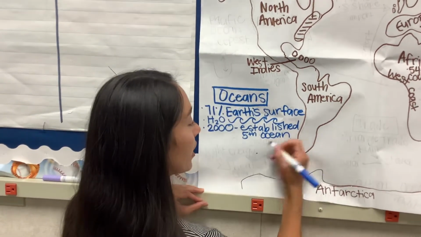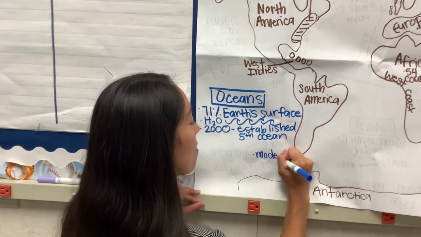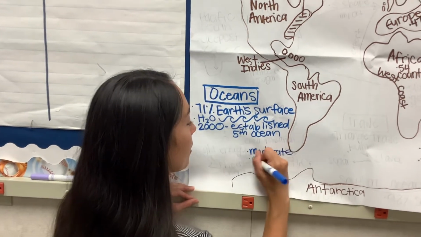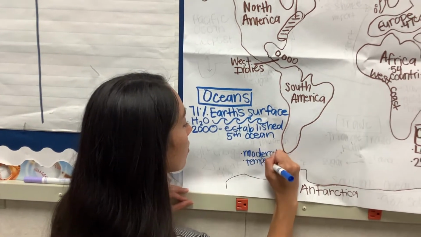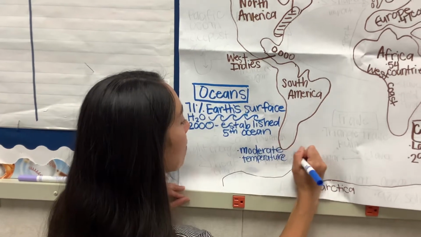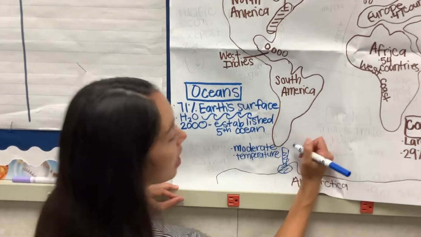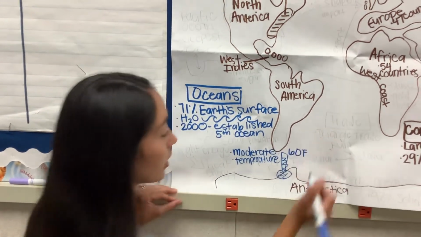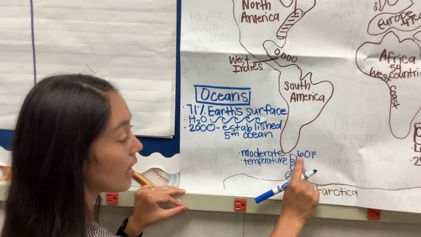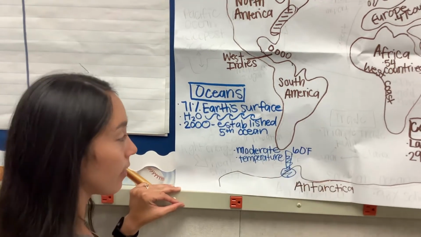So the oceans have a moderate temperature. Read that with me. Moderate temperature. And that temperature is about 60 degrees Fahrenheit. Read this with me. 60 degrees Fahrenheit.